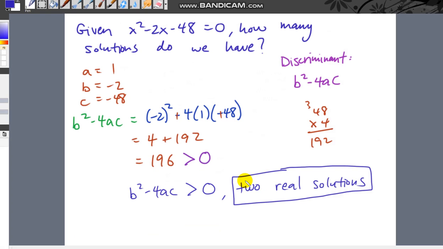This is a little shortcut that you can use if I just asked you how many solutions you have. Of course, you could just brute force that thing and figure out you are going to get 2 real solutions. But that's the purpose of the discriminant. It basically tells you how many solutions you have without actually solving the problem using the quadratic formula.